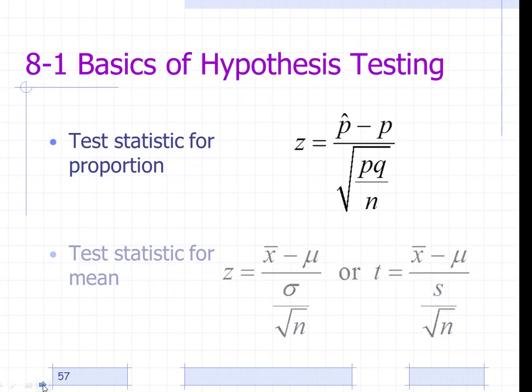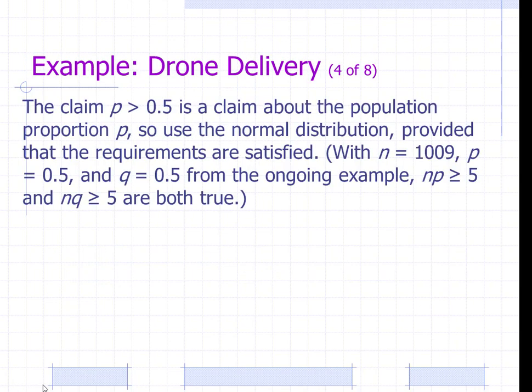And so I tried to dim this in that we're not going to talk about this right now. So here we go. We're talking about the drones, and our claim is p is greater than 0.5, and we need to test to see if our number of, basically this is the number of our successes and this is the number of our failures, and it comes out to be okay, so we can go on.